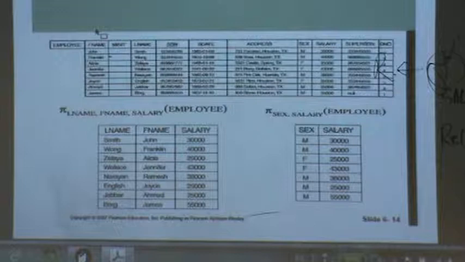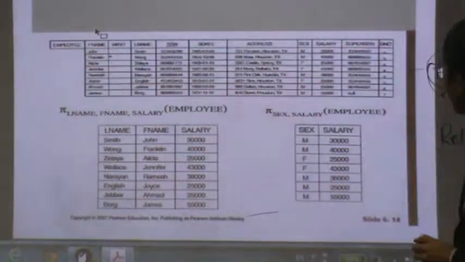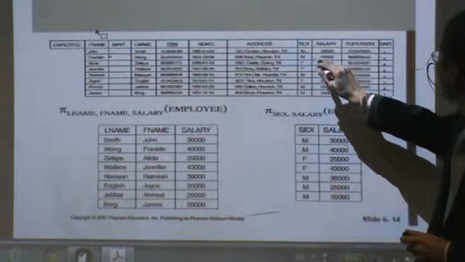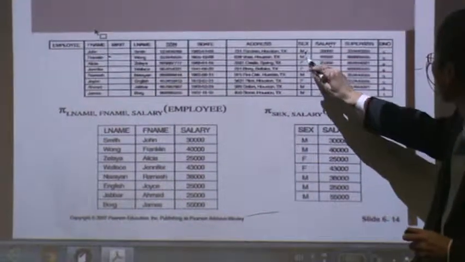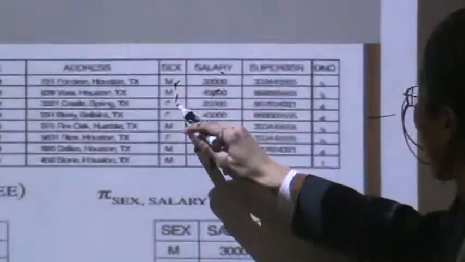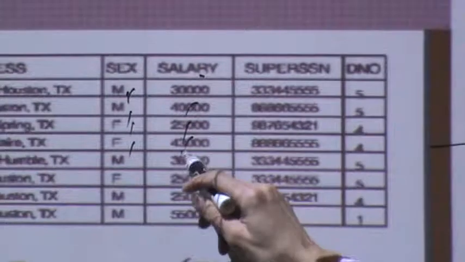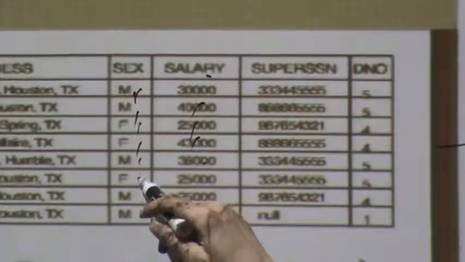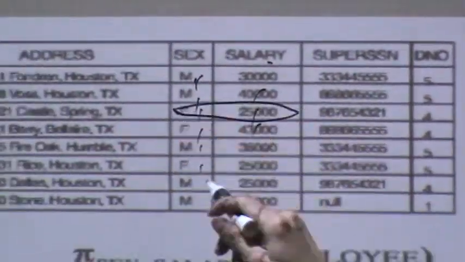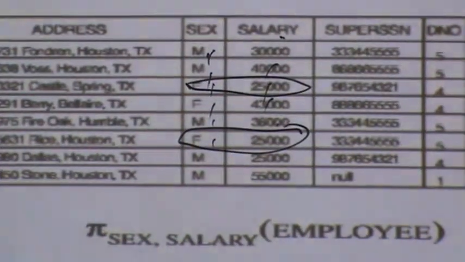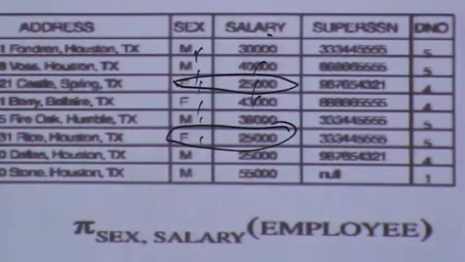Duplication. Which one is duplicate? Male 30,000, male 40,000, female 25,000, female 43,000, male 38,000, female 25,000. This is a duplicate. So why?